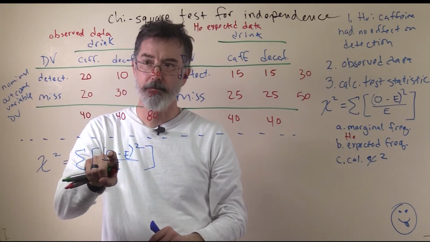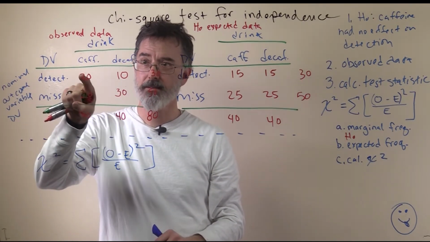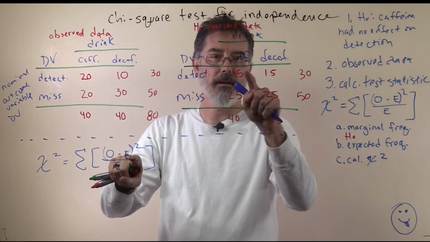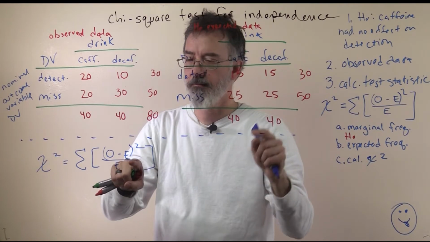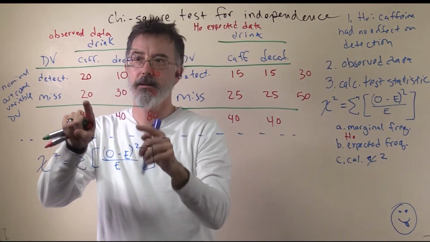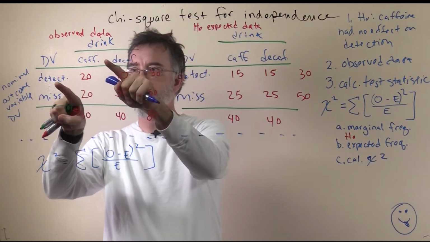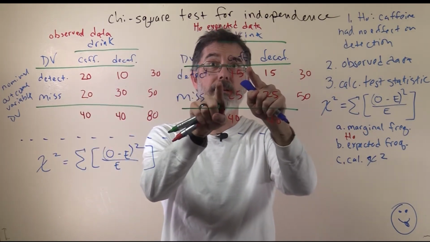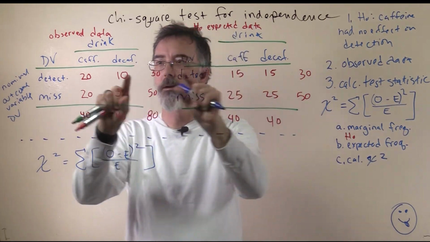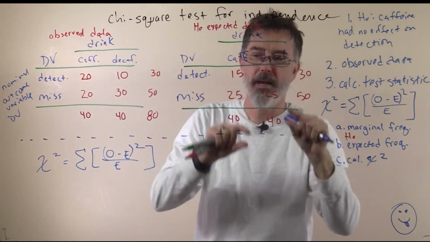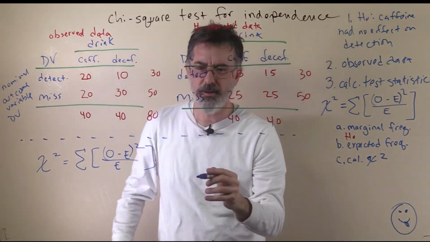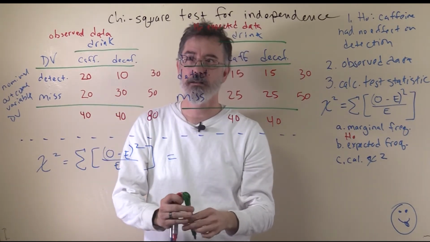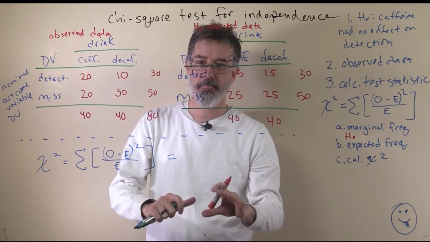For observed values, that's this 20, 20, 10, and 30. And the expected values are 15, 25, 15, and 25. These are going to be paired. So for this 20, that's caffeinated detect. The observed is 20, and the caffeinated detect expected is 15. So these are going to match that way. I'm going to try to figure out a way to visualize that.